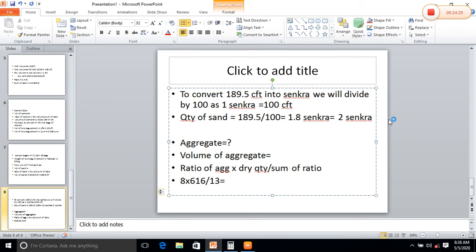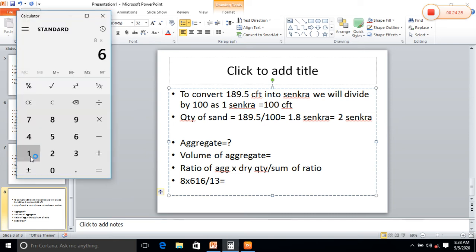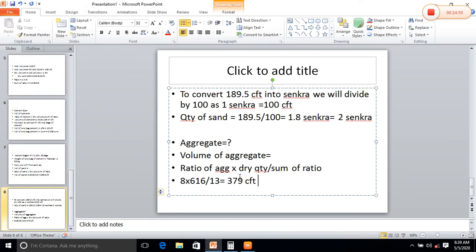So now do this. 8 multiplied by 616 and divided by 13. So 379 cubic feet is the quantity of aggregate. Okay, now we will convert it into sekla.